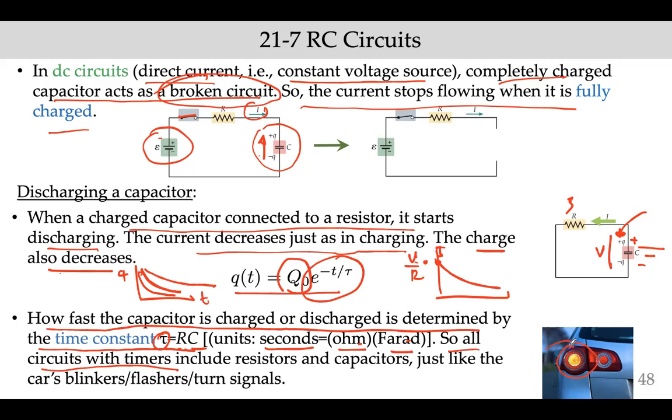It should be connected to the timer. So all circuits with timers include resistors and capacitors, just like the car's blinkers, flashers, or turn signals. So if a circuit does something with time, then there's definitely an R and C in that circuit.